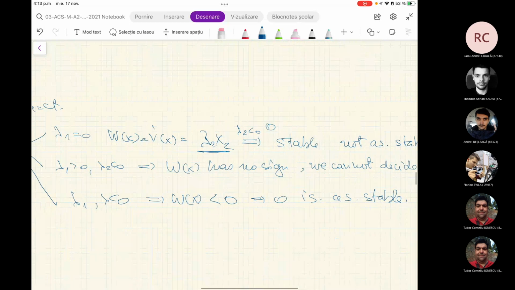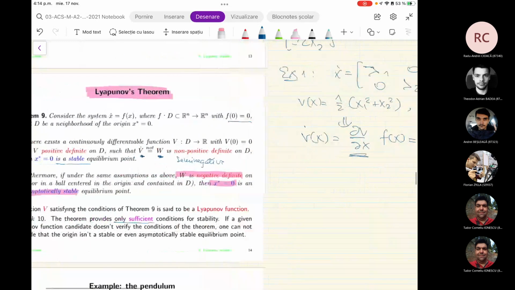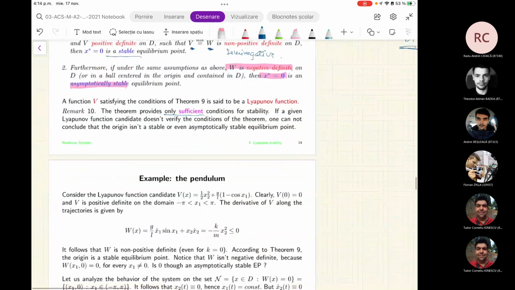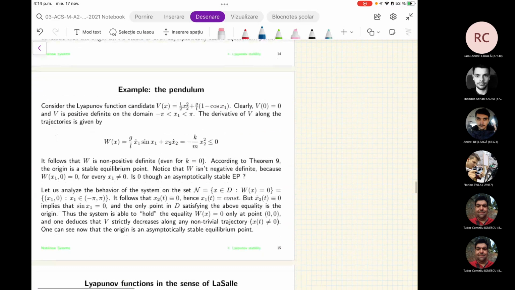This is very nice, and so on. You can check yourself all these things. For the pendulum, we have this Lyapunov function. Why do we write it 1 minus cosine x?